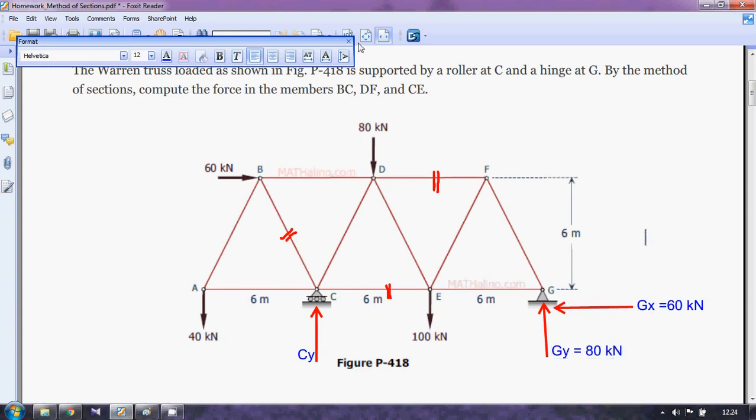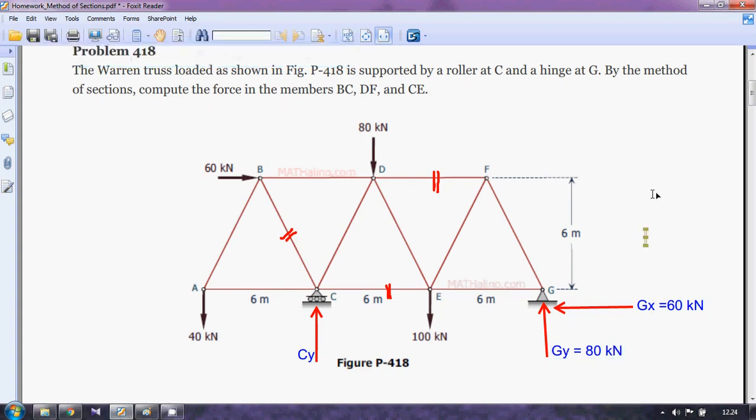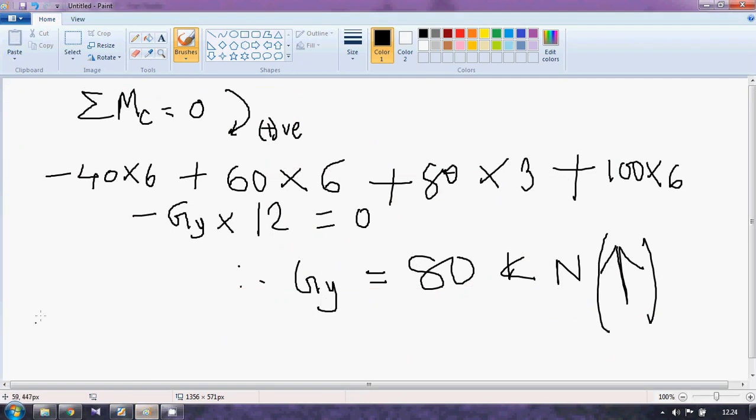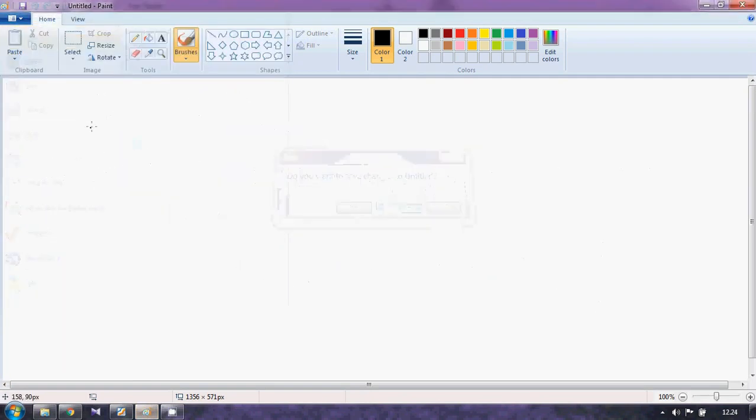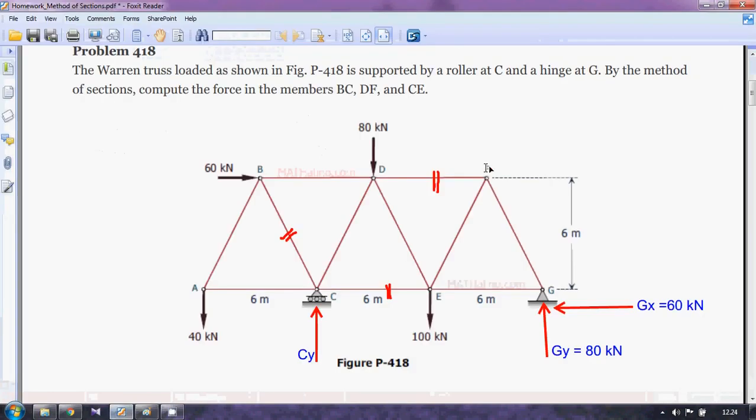Good. Now in order to determine the value of Cy, I have to use summation Fy equals to 0, and I will take positive in the upward direction. Actually, you don't need to do any calculation right now because it can be calculated very easily.